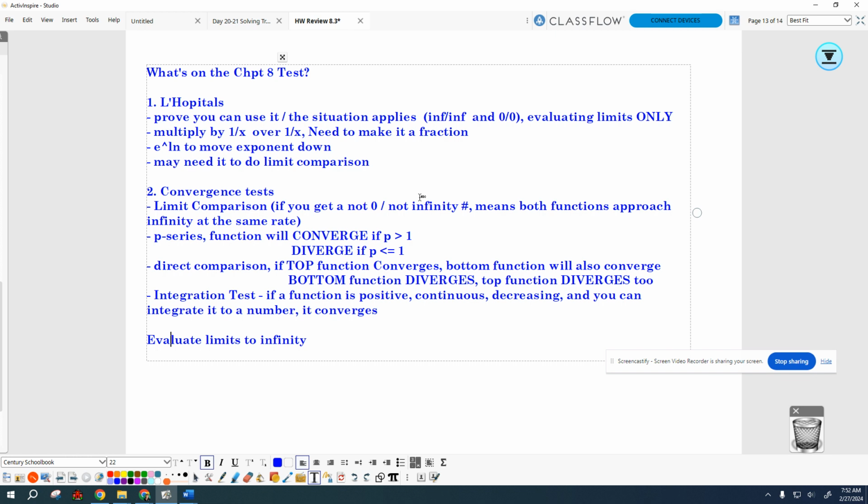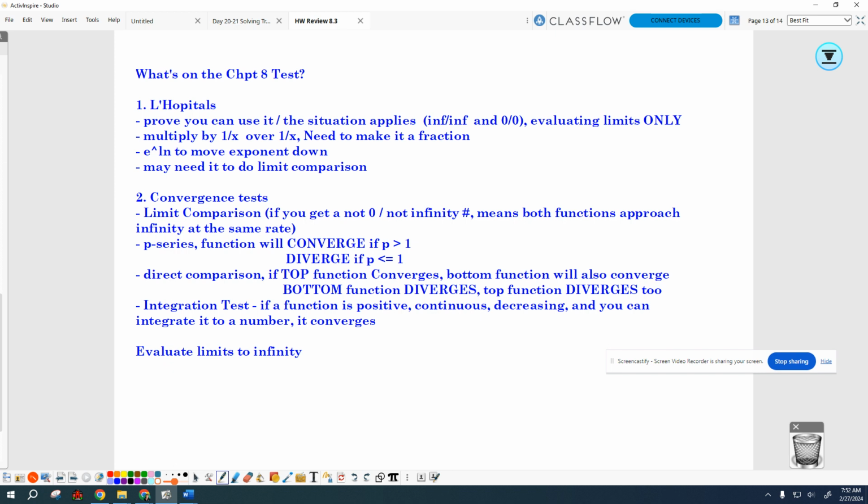And in Delta Math, they asked you to translate that to an integral, because technically this is the series and it's modeled by an integral.